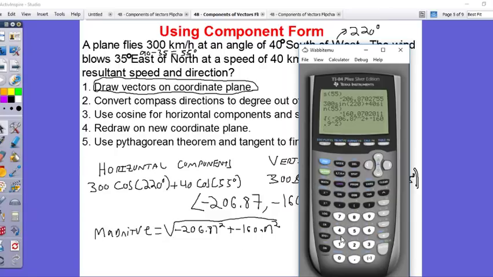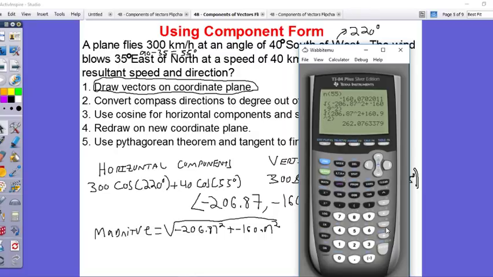Here, you can just turn the values positive. So we can find the square root of 206.87 squared plus 160.07 squared.